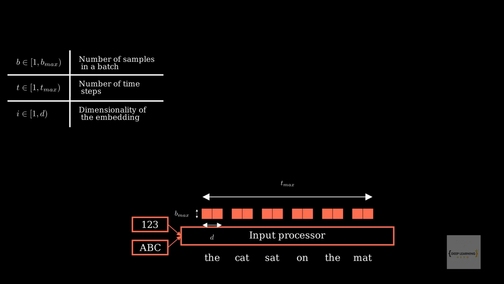Tmax is the number of time steps or the context window size. This denotes how many tokens are in a sequence, which is 6 in our example. D is the dimensionality of the embeddings, which is 2 in our example. So the output at this point is a 3-dimensional Bmax by Tmax by D sized tensor.